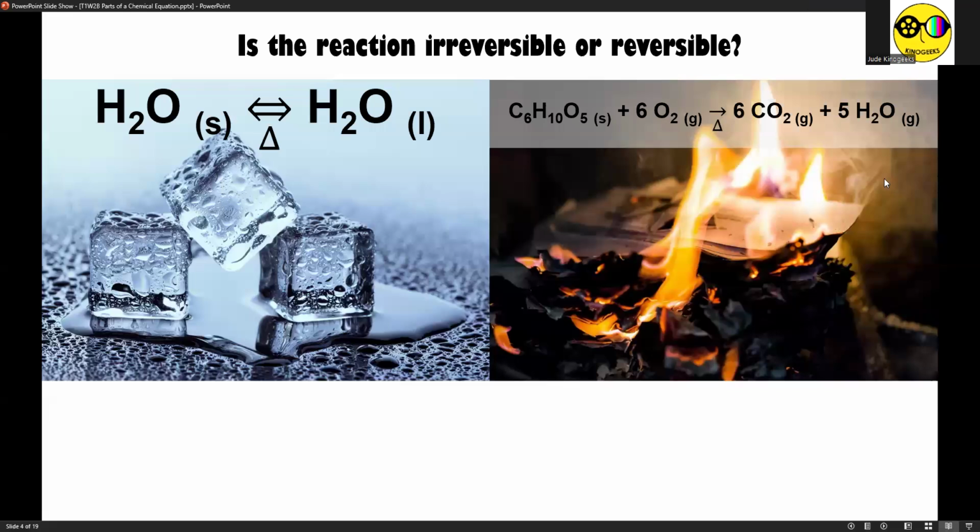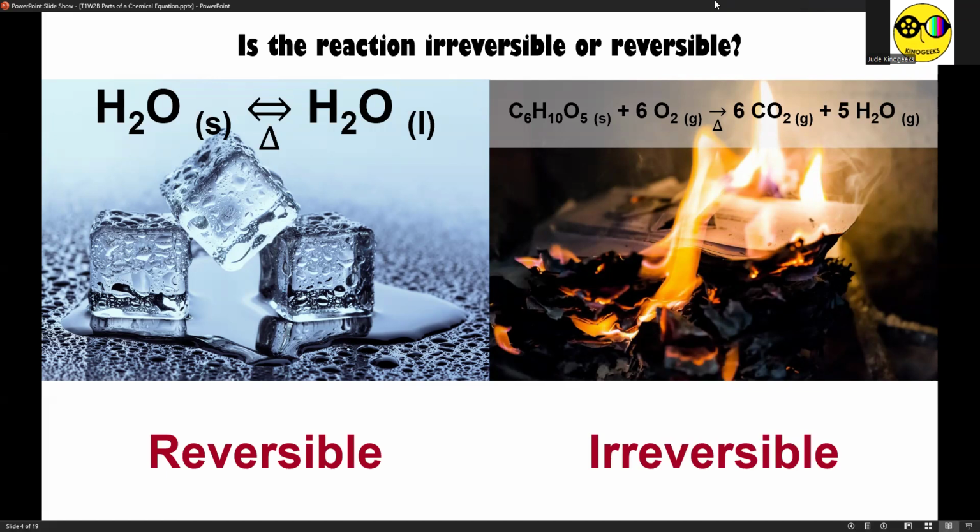For melting of ice, it's reversible because of the presence of the double-sided arrow, meaning if ice melts into water, you can still return water back to ice by freezing it, which is the opposite of melting. On the other hand, for burning of paper, it's an irreversible reaction, not only because of the arrow pointing to the right, but also because once you burn paper, it turns into ash and you can't return ash back to paper anymore.